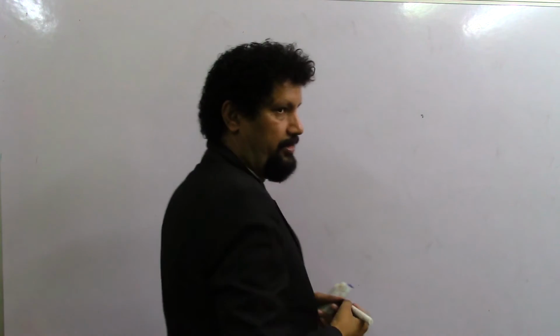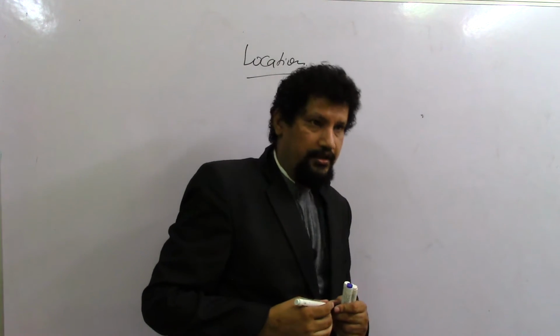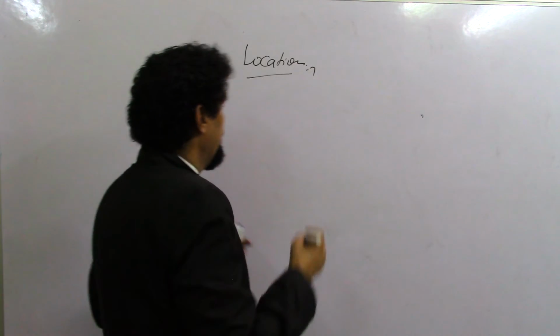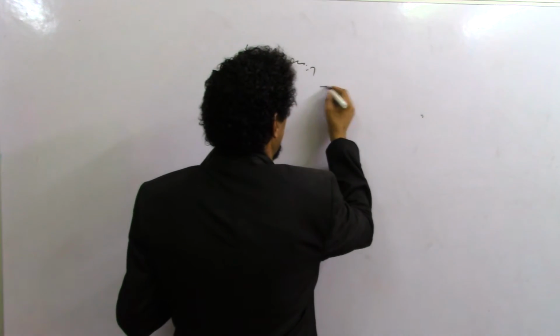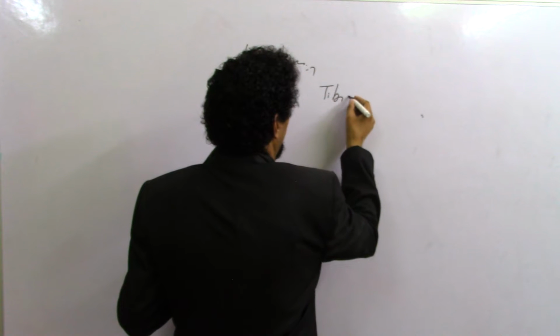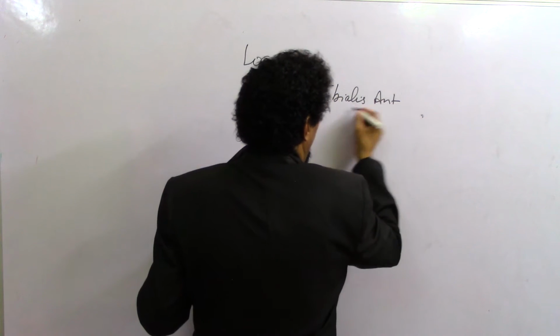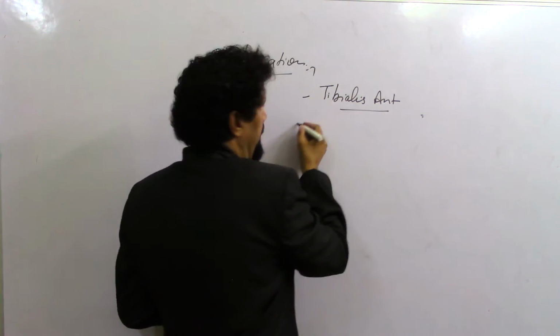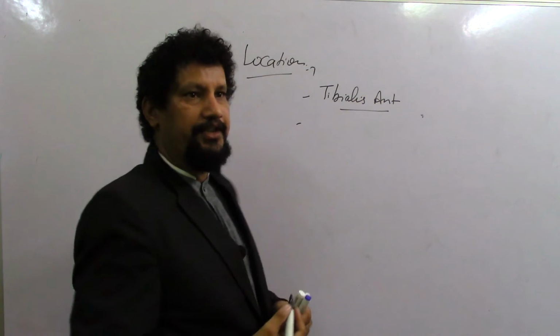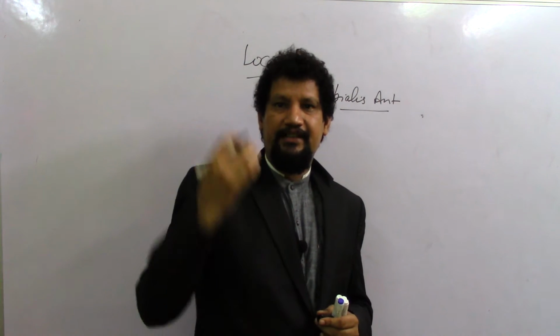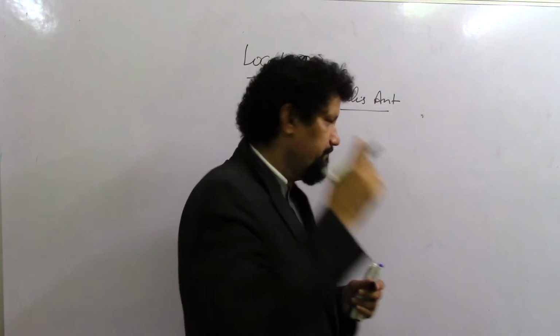Muscles are named according to their location. This is maybe the tibialis anterior, when it is anterior to tibia. The temporalis, when it is in the temporal region.